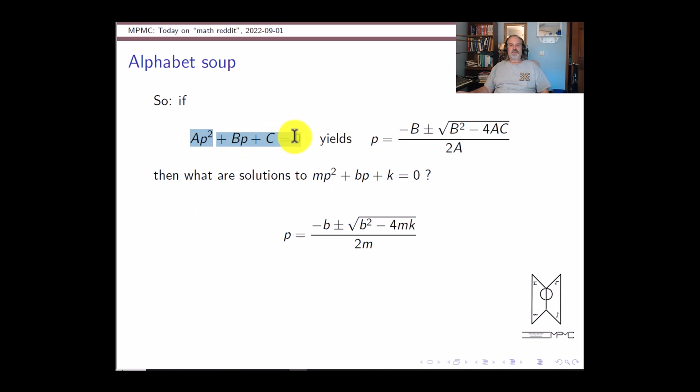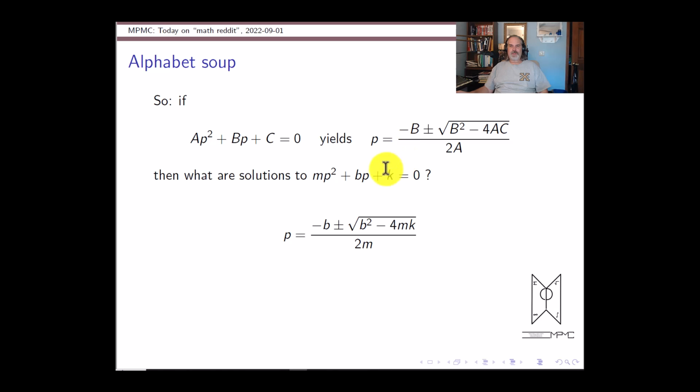If the generic form of a quadratic with variable p gives us solutions that look like this, what happens when we change our lettering and we're looking at mp squared plus bp plus k equals 0? Well, what was capital A becomes lowercase m. What was capital B becomes lowercase b. What was capital C in the generic template has turned into little k.